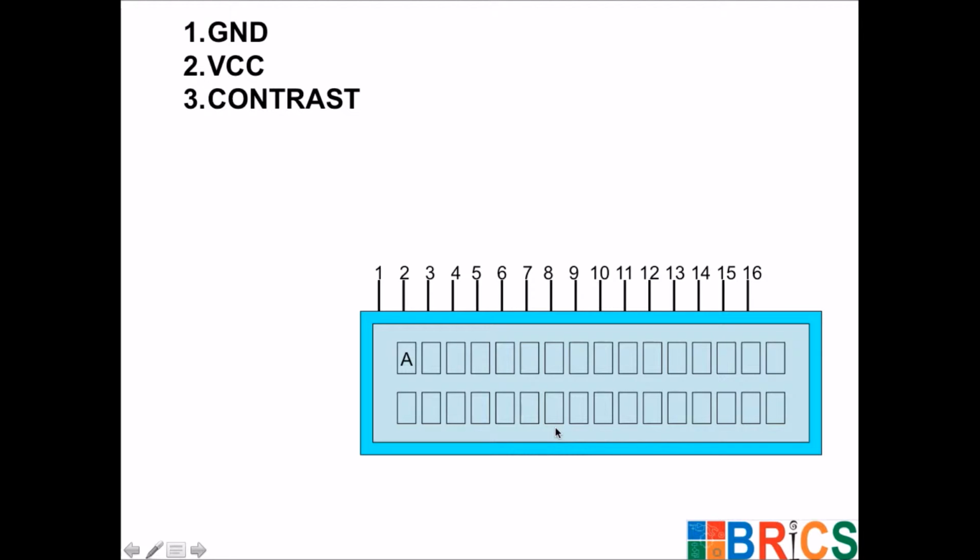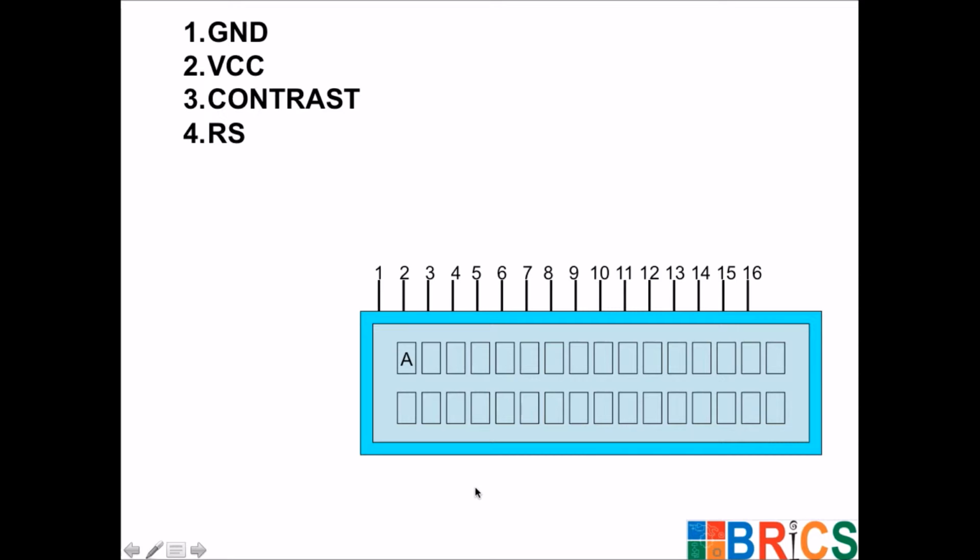Next pin is pin number 4, which is called RS. This pin is actually used to differentiate between command and data. Whenever we send a number to the display, it can accept that number either as a command or as data.